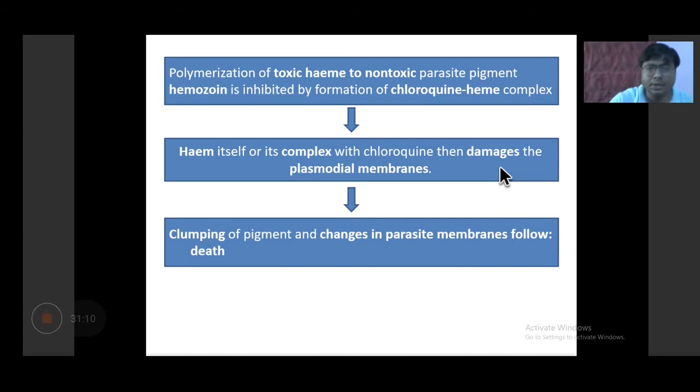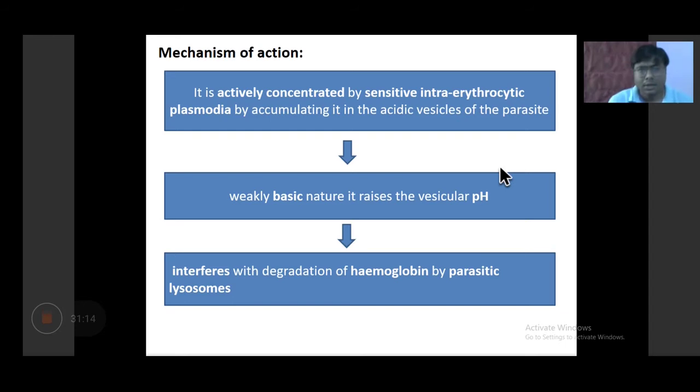So what is happening? Let's see again. Chloroquine is actively concentrated by sensitive intra-erythrocytic plasmodium, by accumulating in the acidic vesicle of the parasite. So all the erythrocytes infected by the parasite take up the chloroquine.